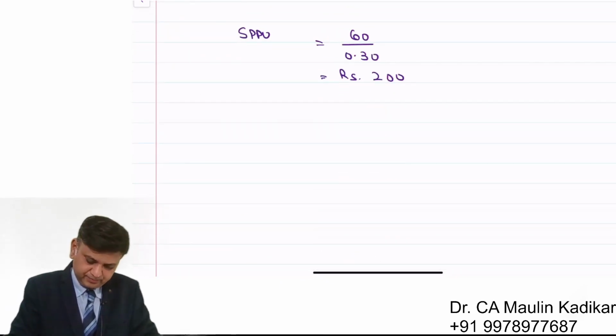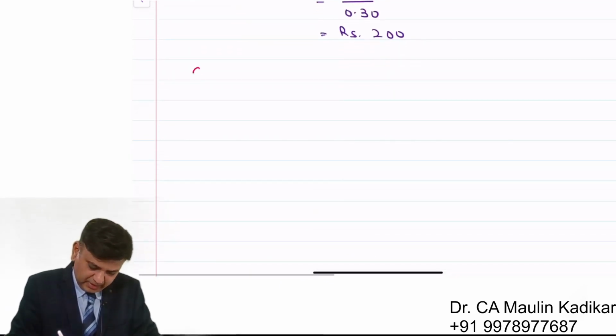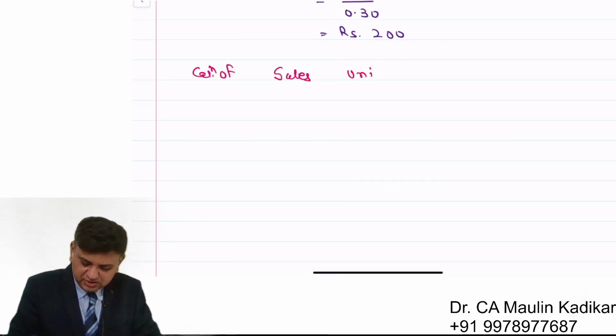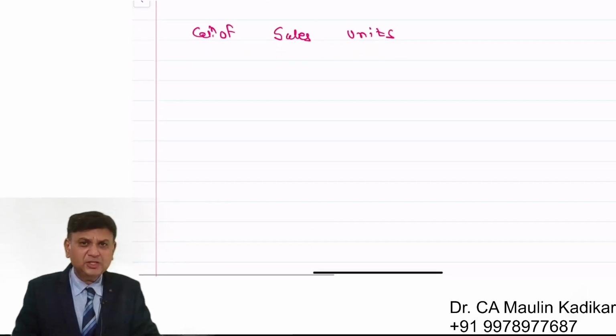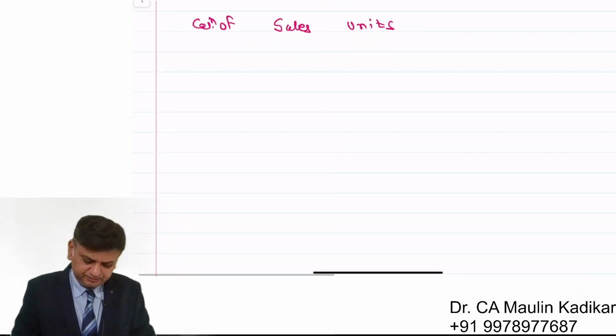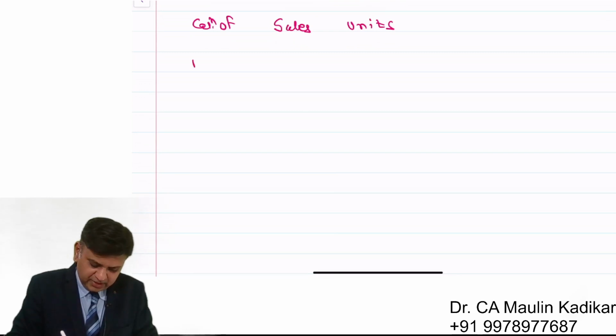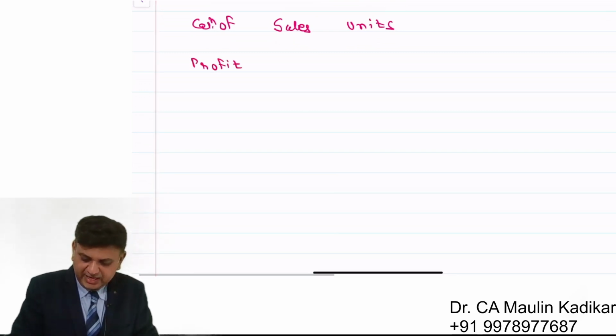Next, calculation of sales units. Dear students, its answer is very simple. We understand that as far as profit or cash flow in this example, both of them are the same.